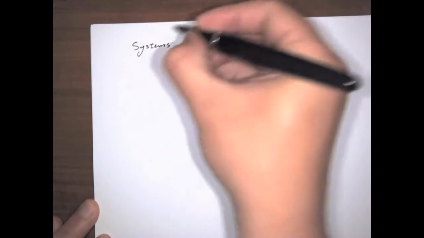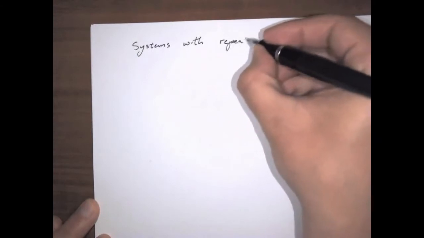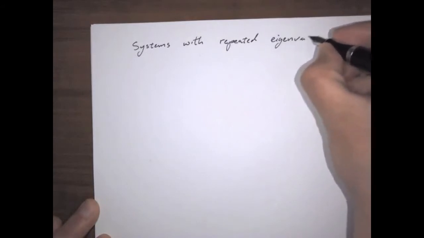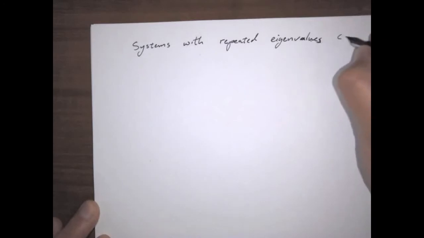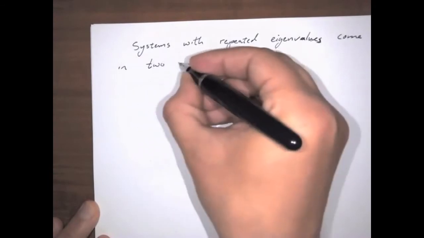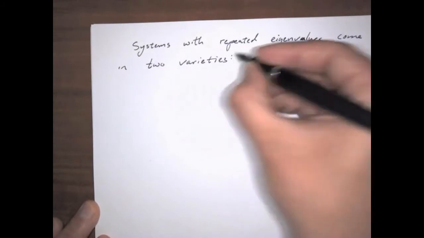So here's the situation. Systems with repeated eigenvalues come in two varieties.